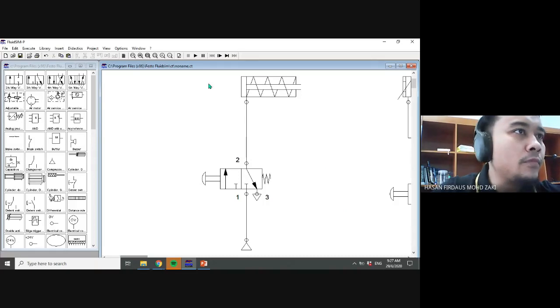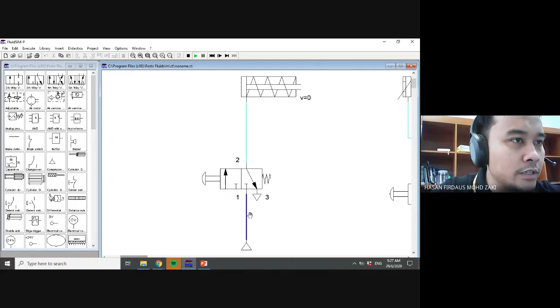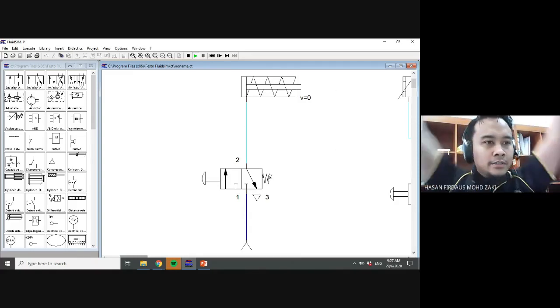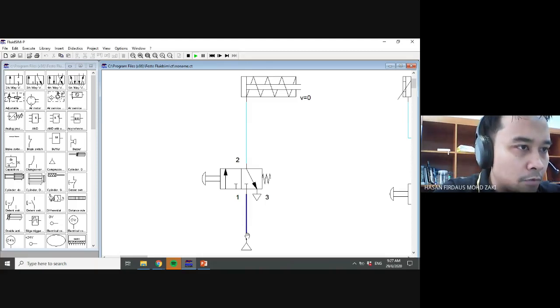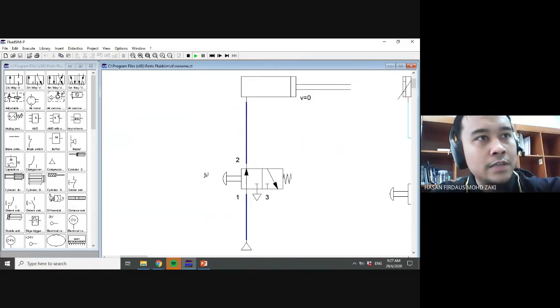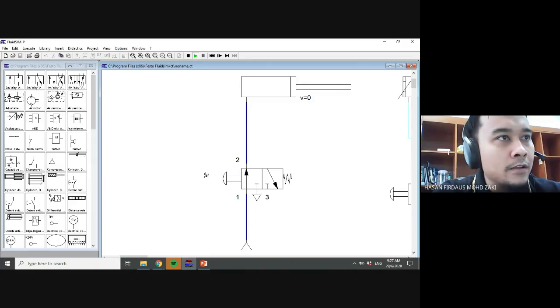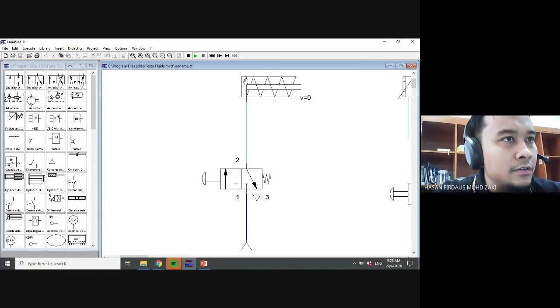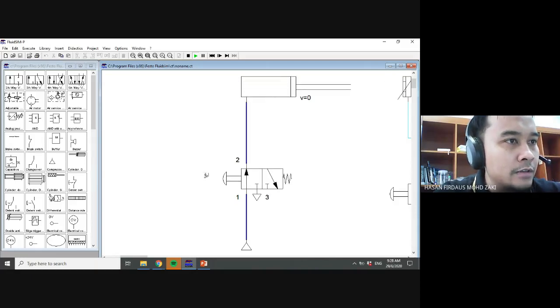Let's see the simulation. This is the initial position. The pressure from the source is blocked, so nothing happens. It is in retracted position. Now if we push here, you can see the single acting cylinder is now in advanced position, because the position at the left is used.